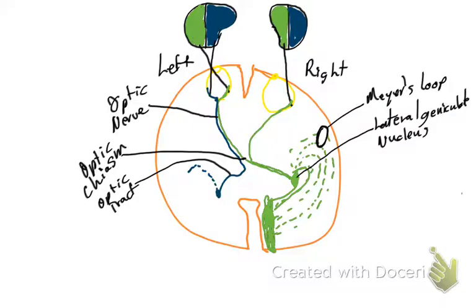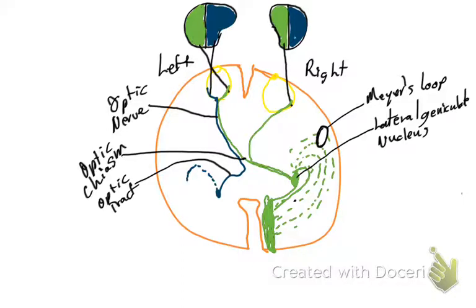So if you see, it should be more here. Oh, sorry, I'm erasing. Okay, so it should be around here. Let's just draw it. Now we are drawing the Meyer's loop on the other side.